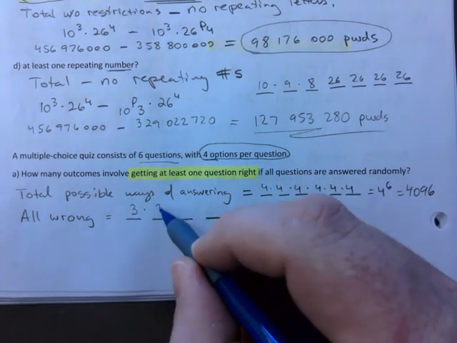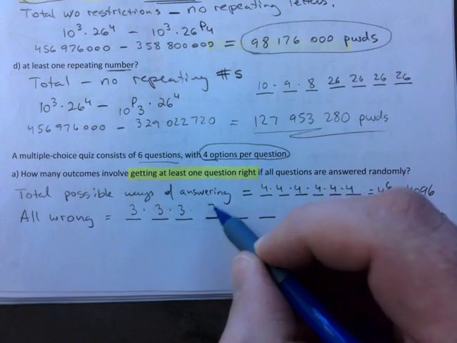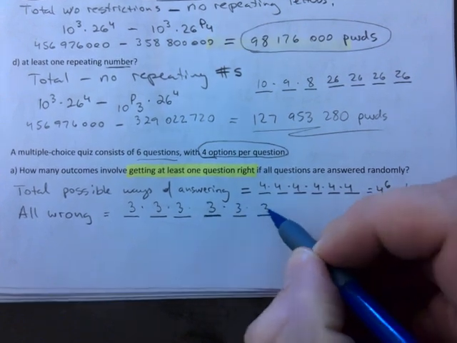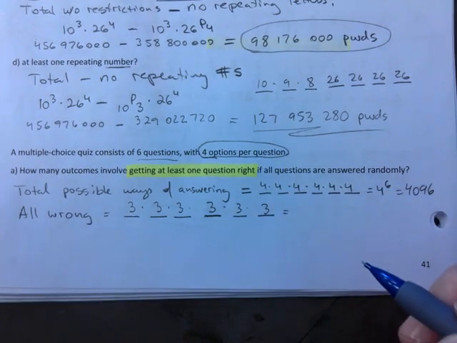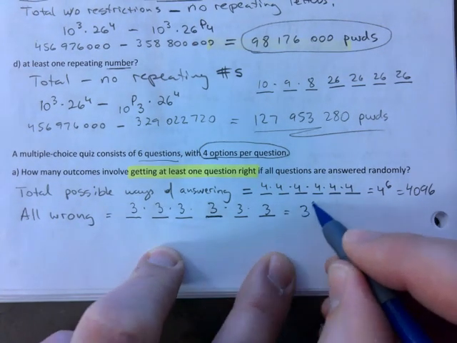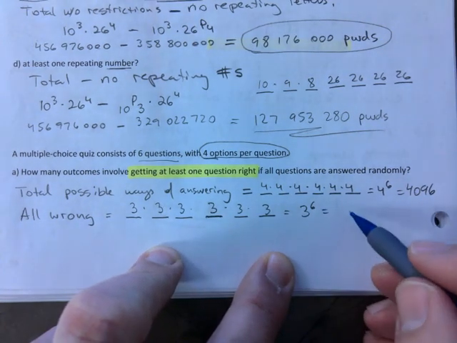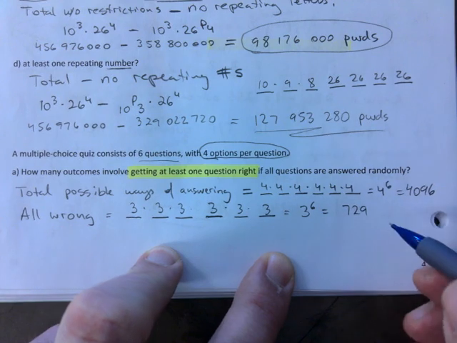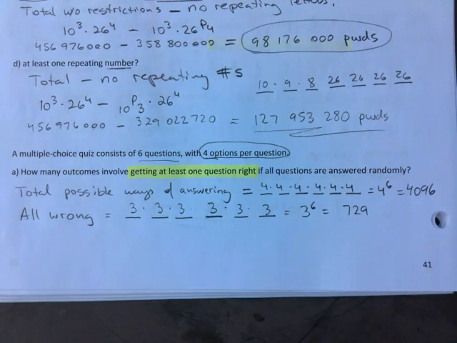Second one? This is a classic, right? Coins, multiple choice questions, classic. So that would be 3 to the power of 6. That would be 729 ways to get them all wrong.